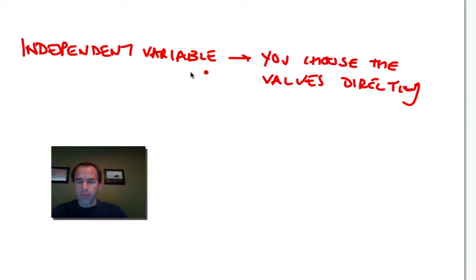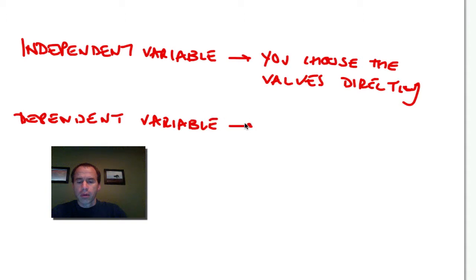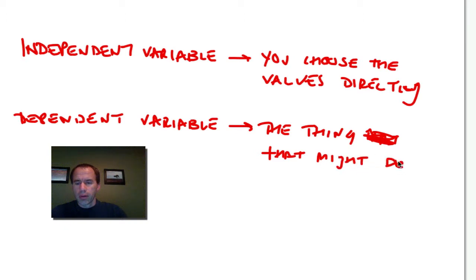The dependent variable is the thing that might depend on the independent variable. I'm just going to put IV for independent variable.